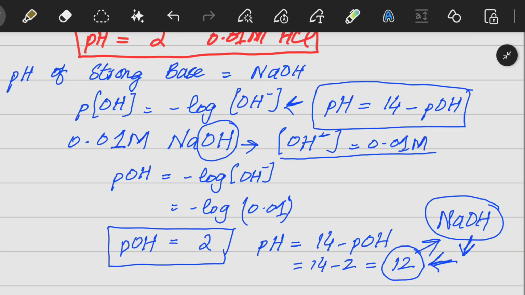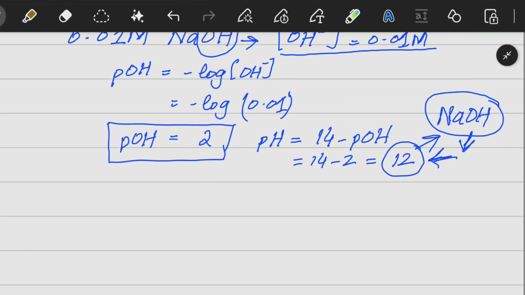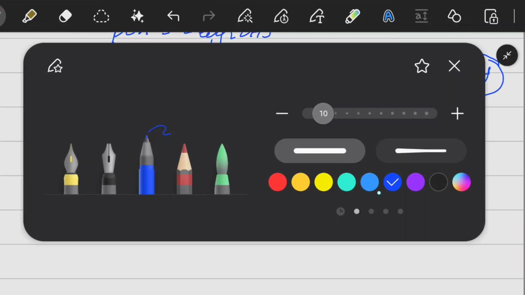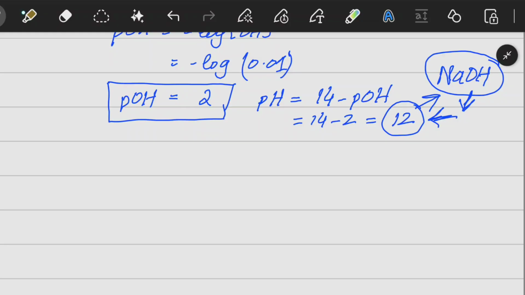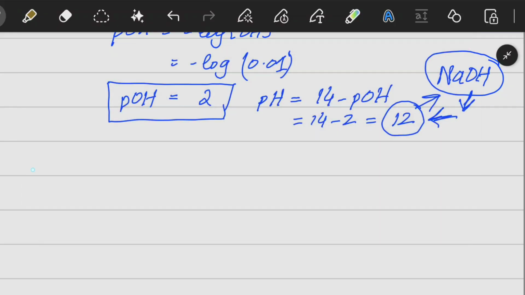Okay, so with this out of the way, the second thing is the weak acid or base. So let's discuss that to close the topic, and this time we are using the black color. Weak acid or base.